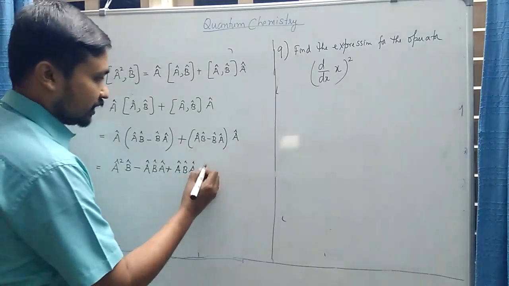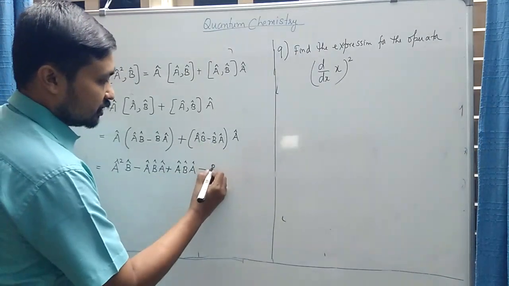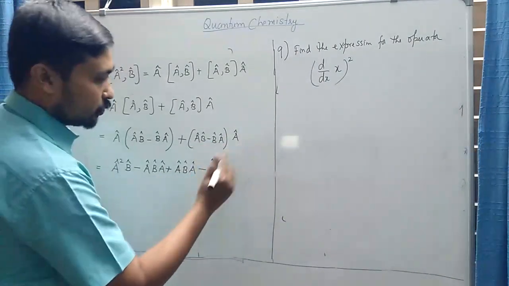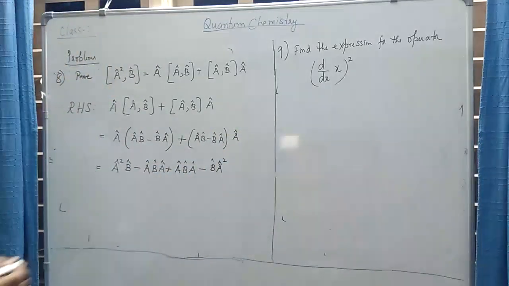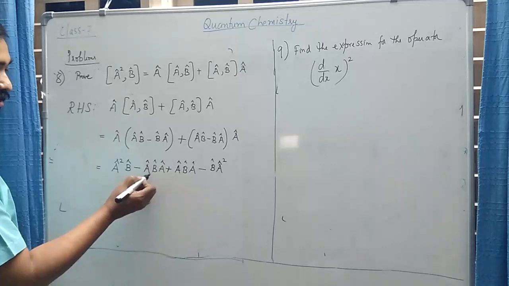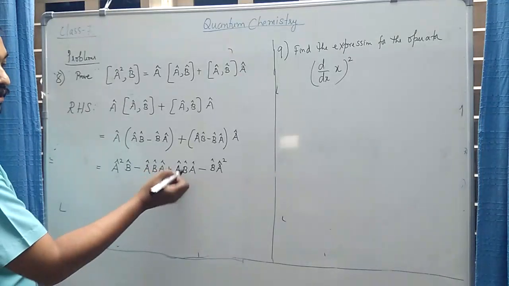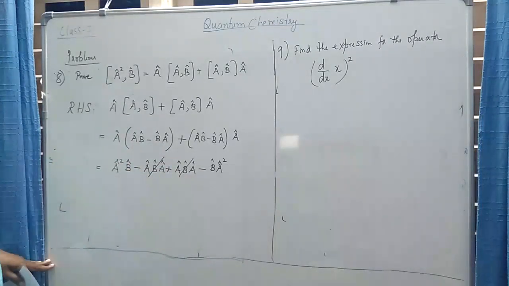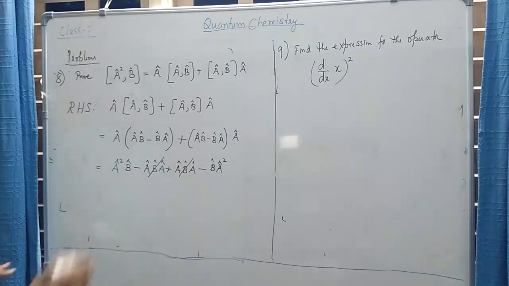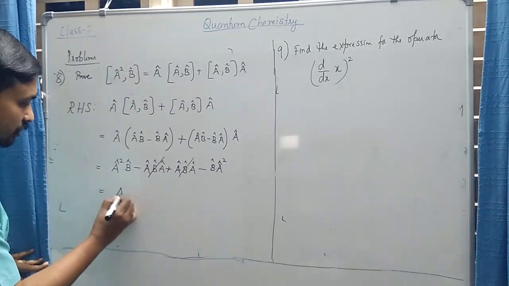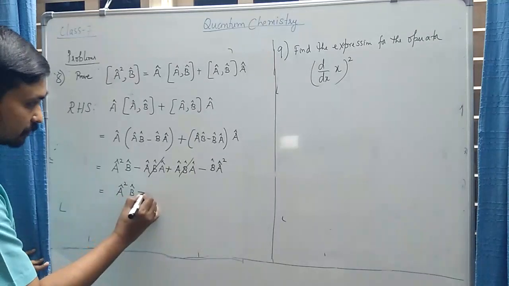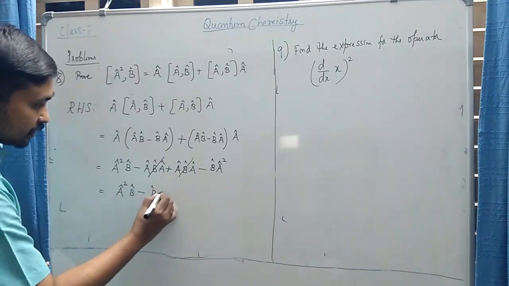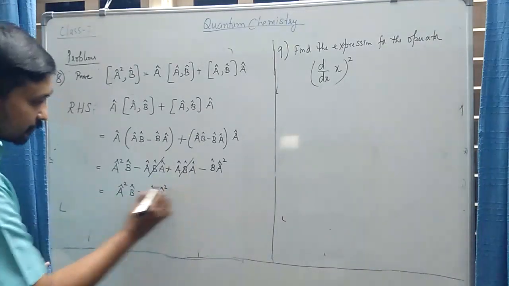The last term is minus B A², that is B A square. So we have minus A B A and plus A B A, and they cancel out, so you get operator A² into B minus B into A².